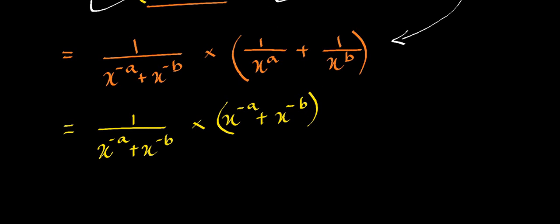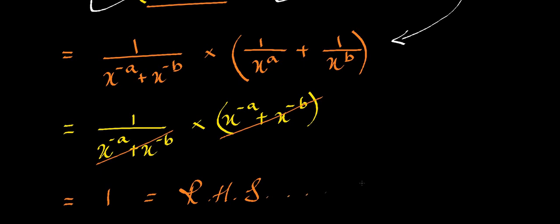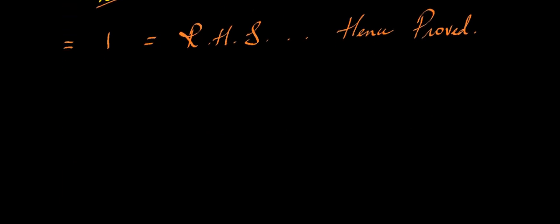What happens now? Here we get our cancellations. We can simplify them. And when we simplify them, what is left? That is equal to 1, which is equal to RHS. Hence, proved. Finally. Yippee. Okay, so let's move ahead to the next question.